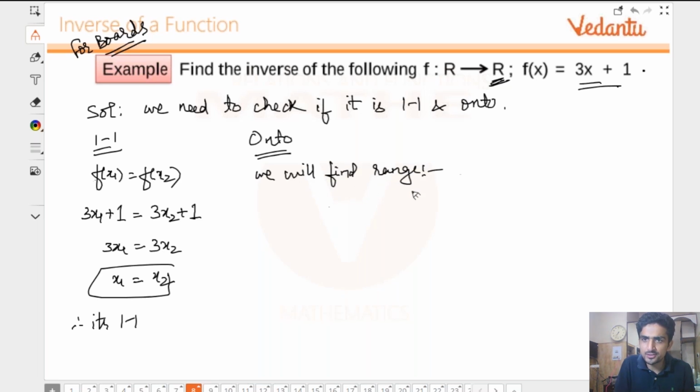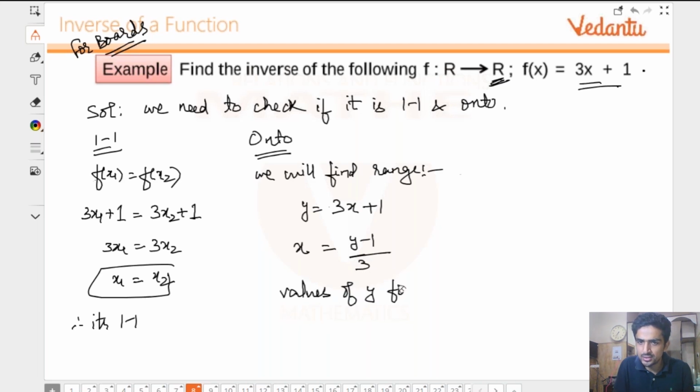How do we find range? We take f(x) equal to y. We express x in terms of y. And then the values of y for which x is defined.